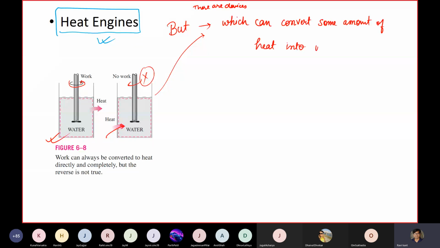And those devices are called heat engines.